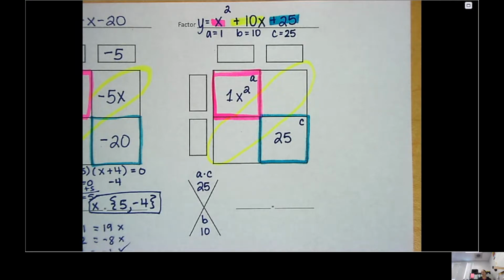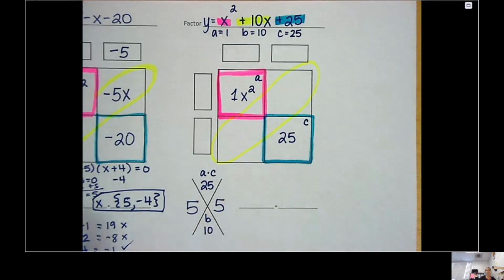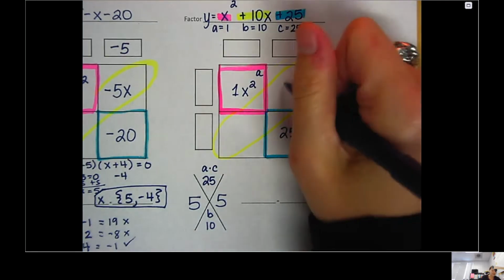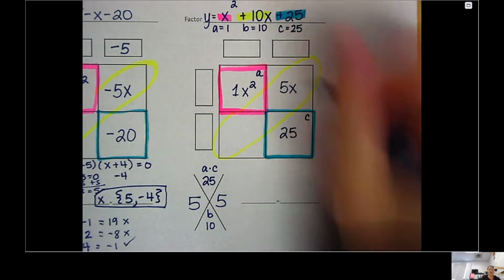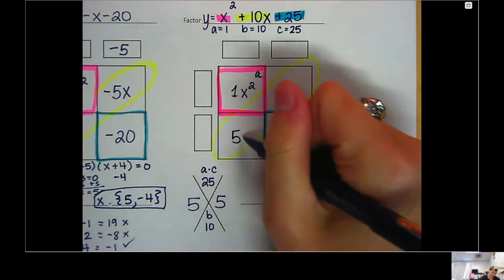All right, well, Talia, why don't you walk me through it? Okay, so 5 and 5 adds up to 10. Okay, so your two factors are 5 and 5. Easy peasy, good. Now what? And then you put 5 and 5 in this box. 5x and 5x, because they have to add up to be 10x, so we can't forget that piece.